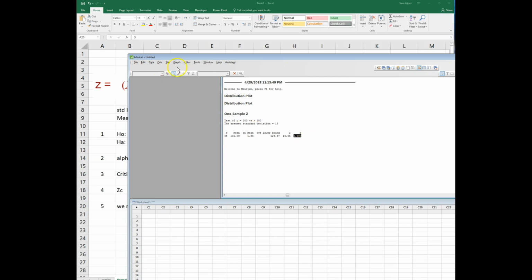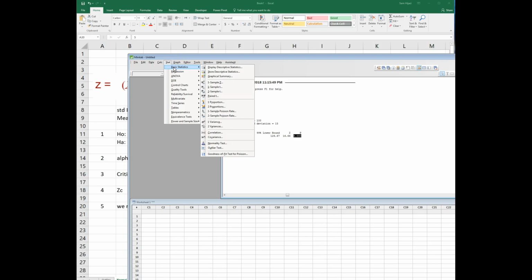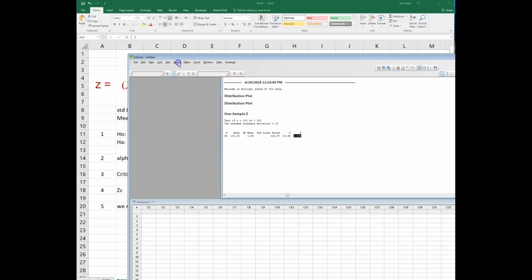Just to give you another example, using the same Stat, Basic Statistics, I'm going to go to the graphs. Let's assume this person said the same exact things at 2.33, the same exact data.